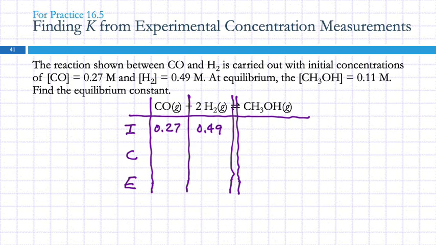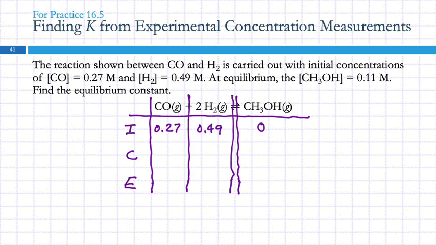It is safe to assume that if they don't tell you the concentration of a product, they didn't put any other product in there, because that's not what we normally do, right? We don't usually put both of the reactants and some of the product in there. We just start with the reactants and we let the product form. So we're not told this, but that concentration would be 0.